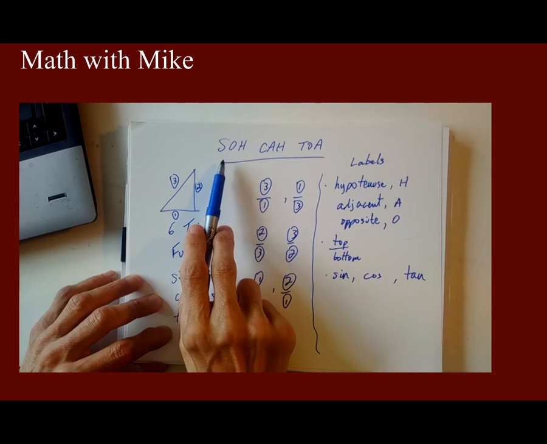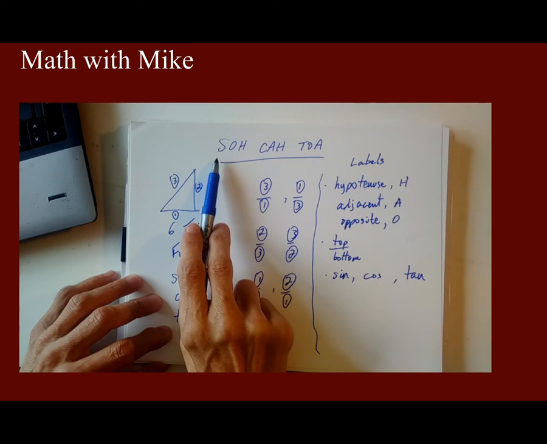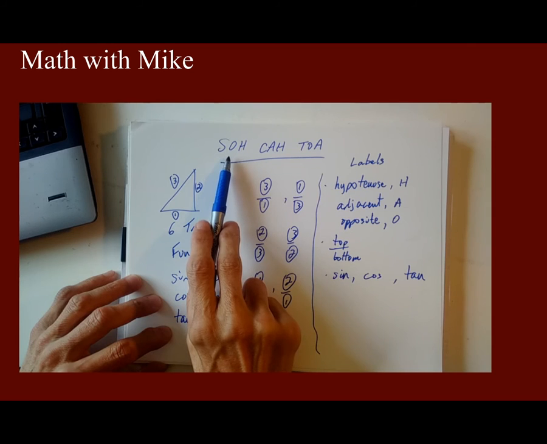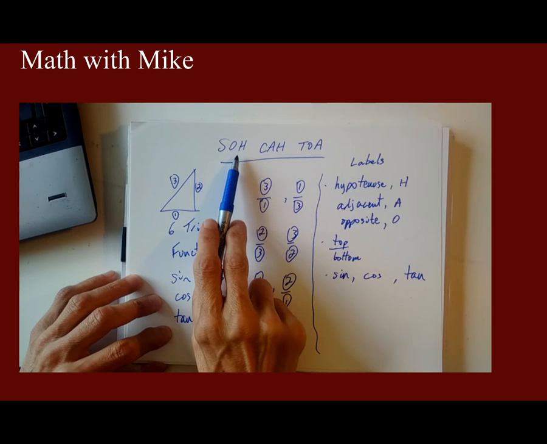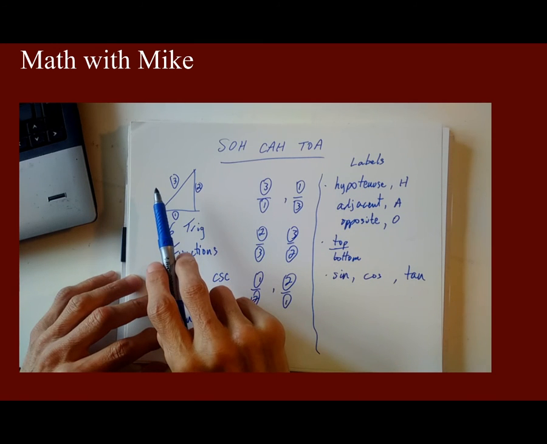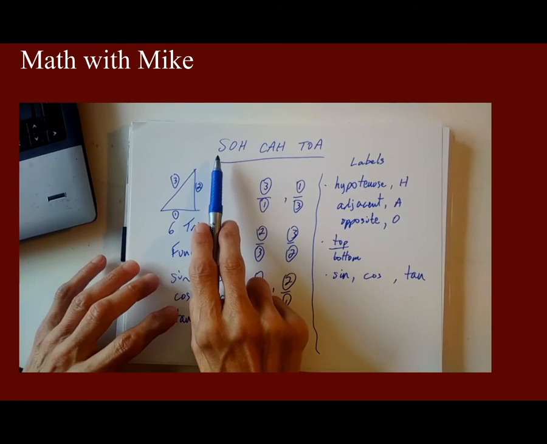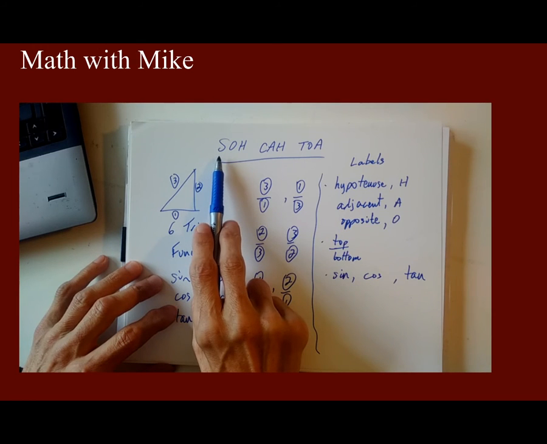The SO, the S, that's for sine. The next letter is the top of the fraction. And then the next letter is the bottom of the fraction. So I could back it up a bit actually. I said this is sine, it's S for sine, but this is the trig function you got.